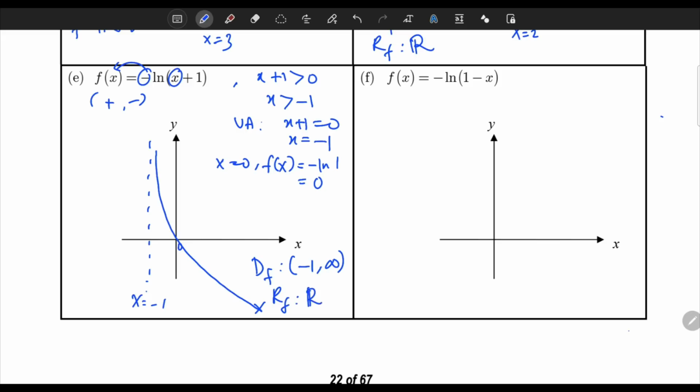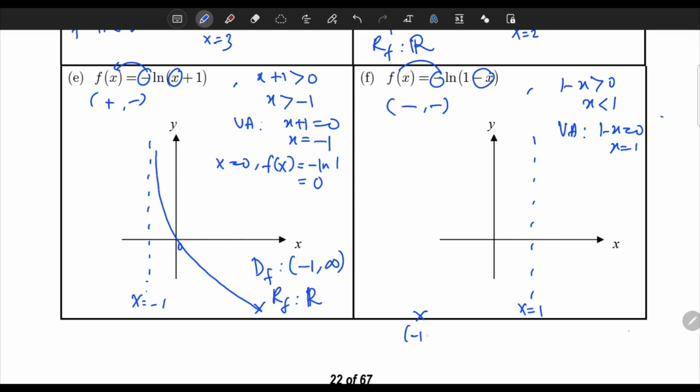Next f, similarly, 1 minus x greater than 0. So x less than 1. So for vertical asymptote, 1 minus x equals 0, x equal to 1. So this is your 1. X equal to 1. Right? Okay, next, you look at the x. Negative. Here also negative. So negative, negative. Somewhere here. Isn't it? Negative, negative. Okay, so find the intercept.